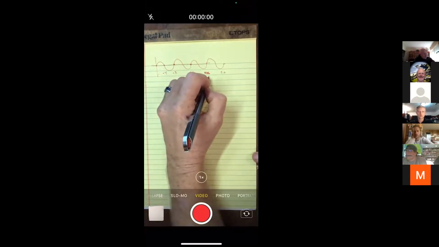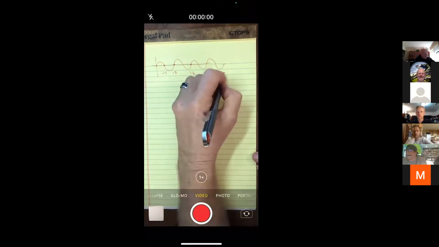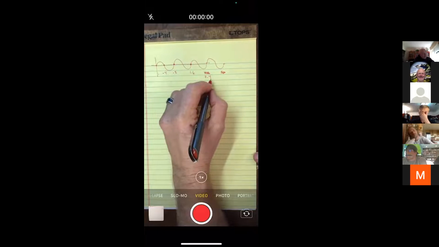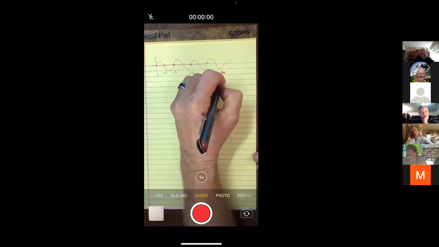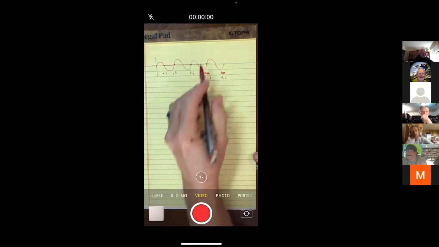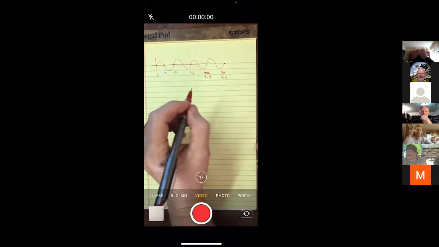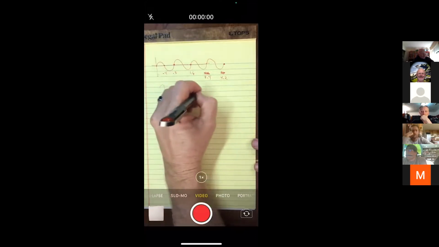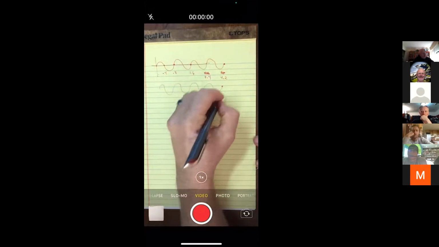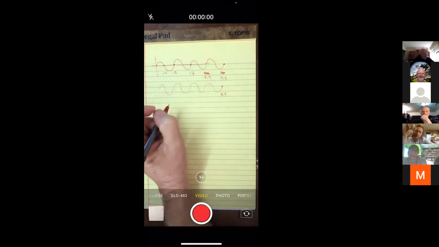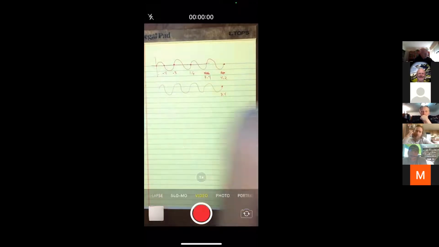Okay, 5 wavelengths would be 4.2. That's what I did, I skipped one. Now, 10 wavelengths would then be 8.4. I'm a little confused. Isn't each wavelength 0.8? So wouldn't 3 wavelengths be 2.4?